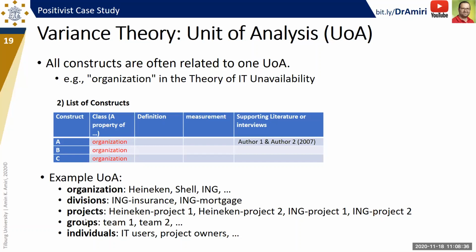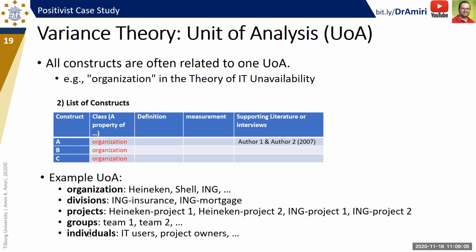And with that, you are telling me as the reader that my theory is a theory about organization. My theory is a theory about individuals. My theory is a theory about groups. If that's the case, and this must be the case for most of you, you need to have the same class, the same unit of analysis for all these constructs. In reality, these can be different.